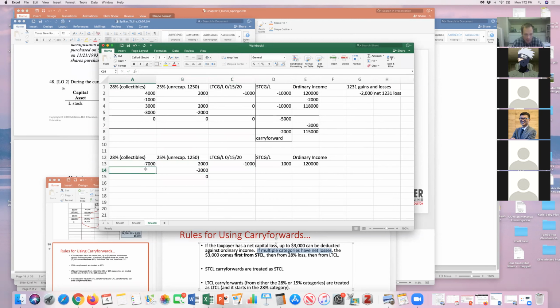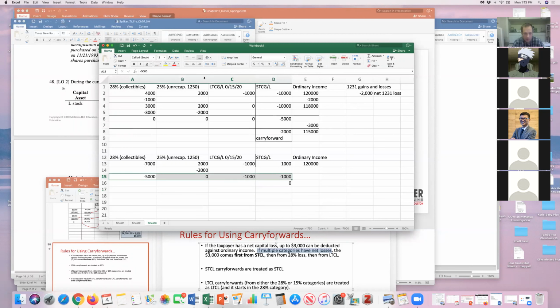And so now I have 5,000 left, and I have 1,000 here. Now I can use the rest of this 5,000 over here. So now my short-term gains are gone.